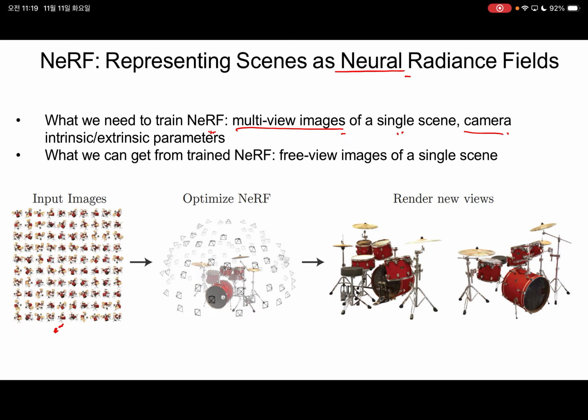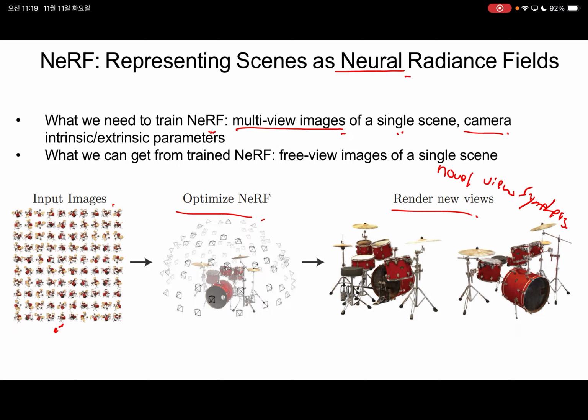You can see the input images, multiple images and camera calibration. We can optimize NeRF, and then we can render a new view. That is called novel view synthesis. This is what NeRF is doing.